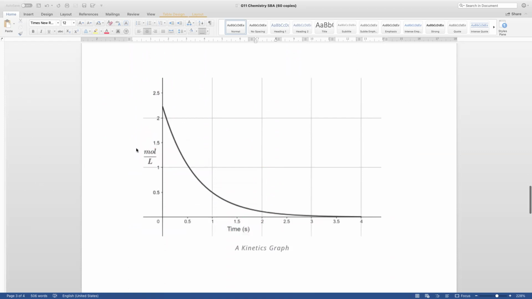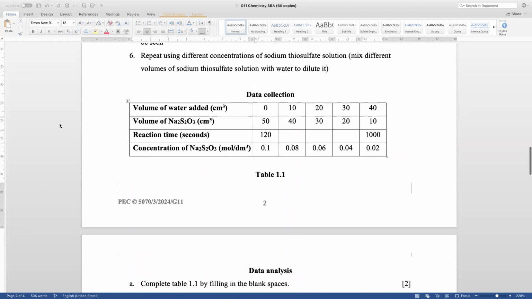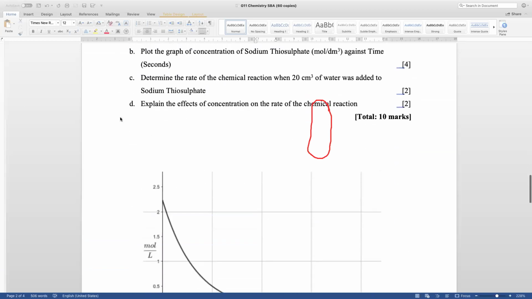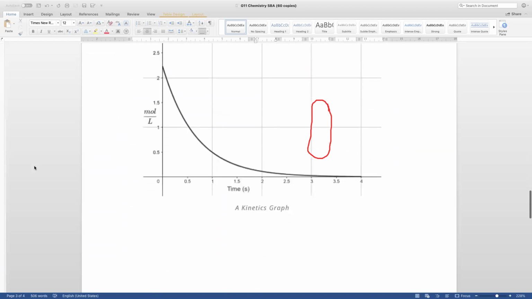Go back to your graph. When 20 mL of water was added, it's at this point where 20 mL of water was added, and the concentration was 0.06. So go on your graph, and look for the concentration, which is 0.06.